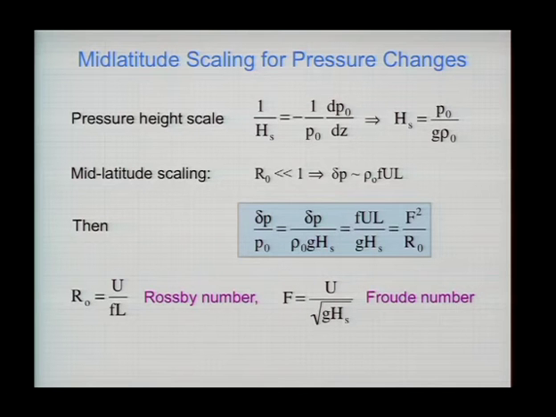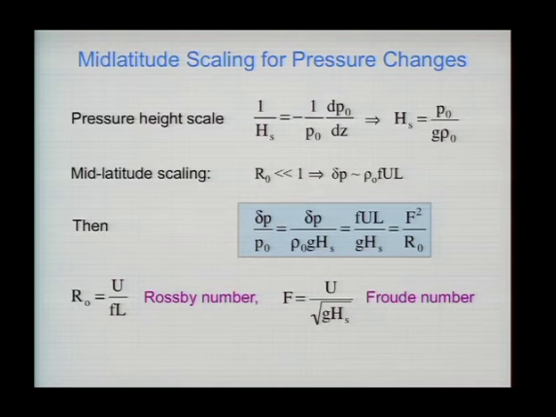If the Rossby number is small, then we saw that the Coriolis term balances the pressure gradient term, and that means delta P goes like rho FUL, pressure balancing Coriolis. So delta P divided by P: what's P? P is H_S rho times g. There it is in the denominator. Delta P, what is that? Rho FUL.